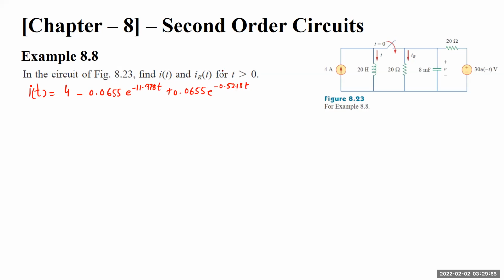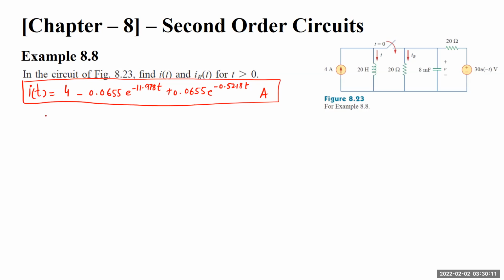So this is how my solution will look. This is i(t), the current through the inductor.